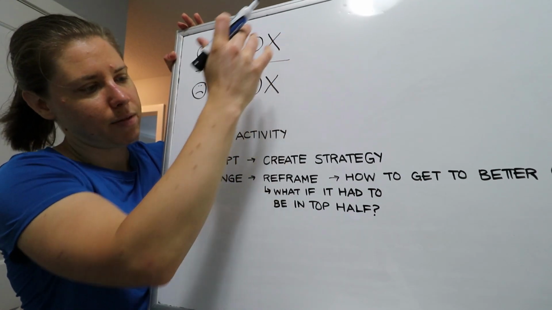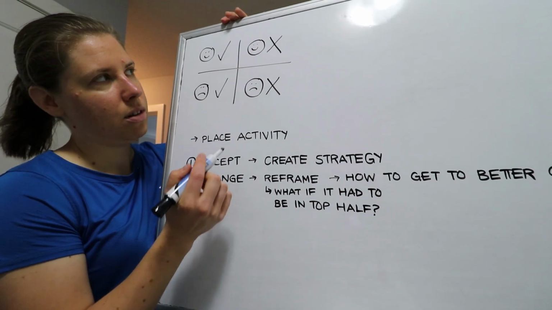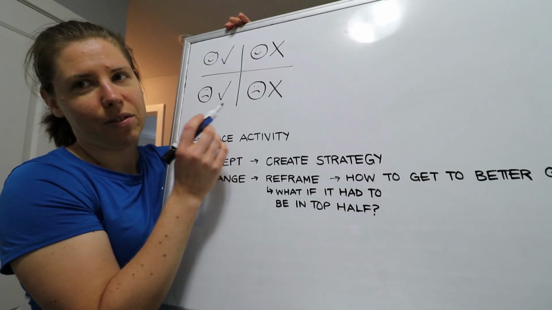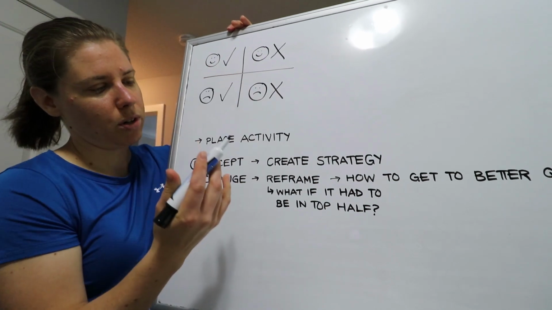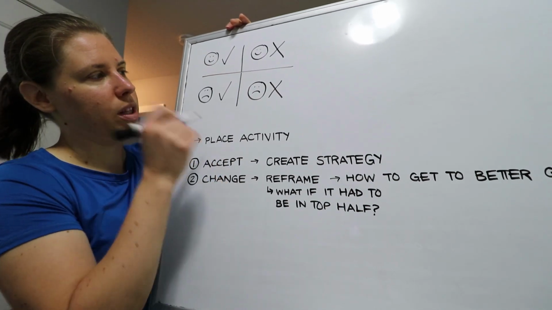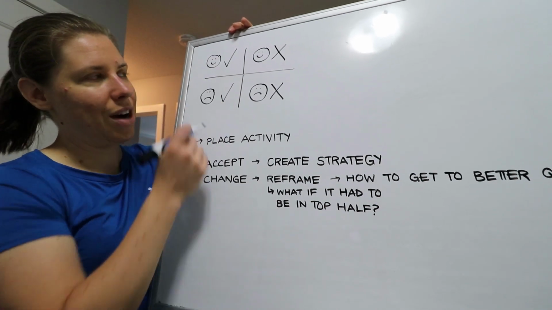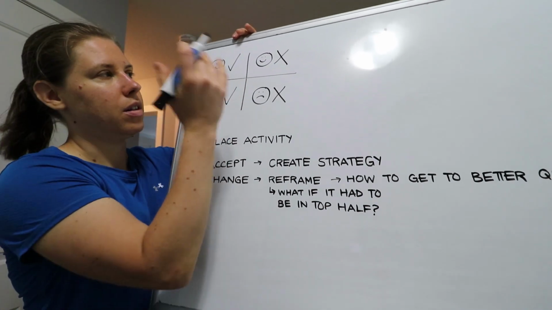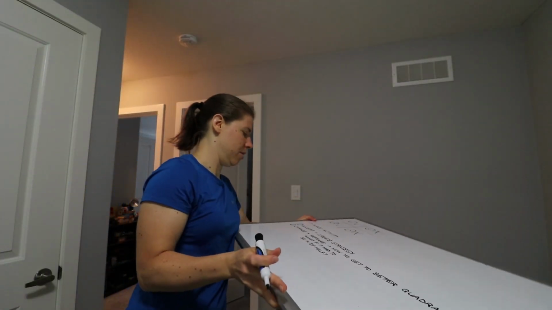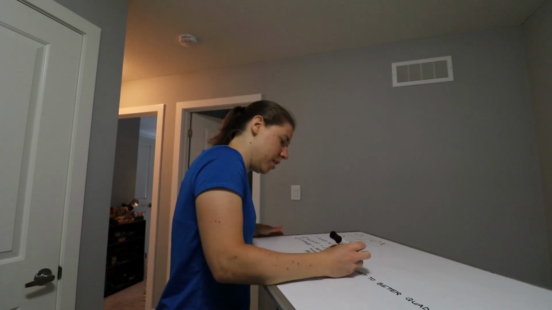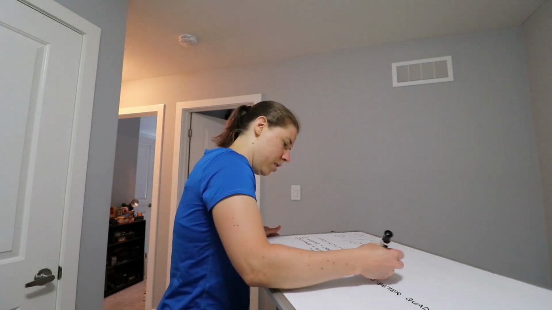So basically, top half is one option: are you trying to move the activity into the top half? How do you get the activity to be in a different quadrant? Or how do you make the most of each quadrant that it's already in? So that's a good question to write down next to the create strategy.